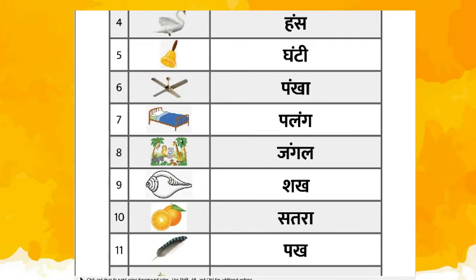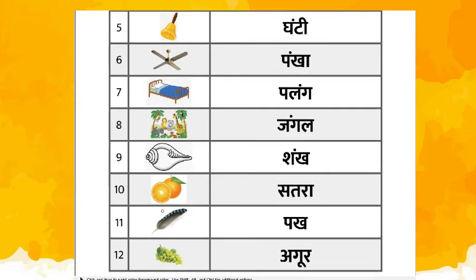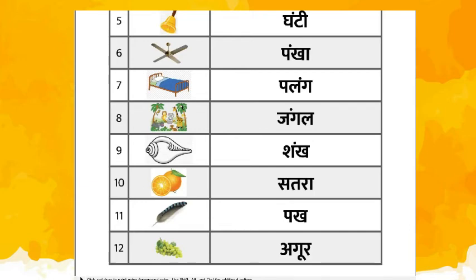So we have to keep the matra in between sh and ha. Shank. Look at the 10th picture, the picture of orange. So we call santara in Hindi. So we have to put the matra in between sa and ta. Santara.